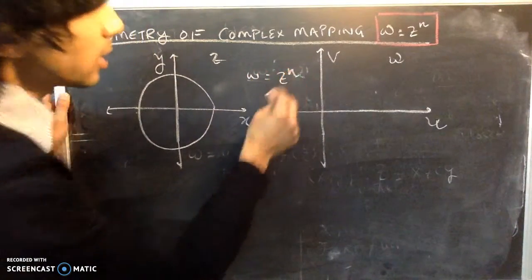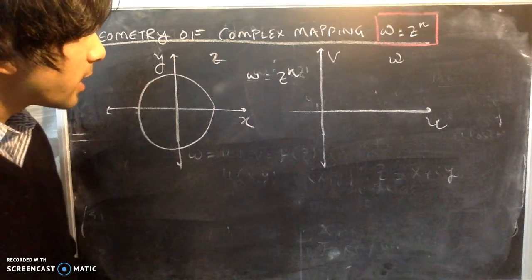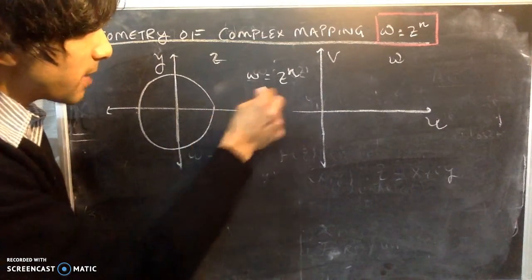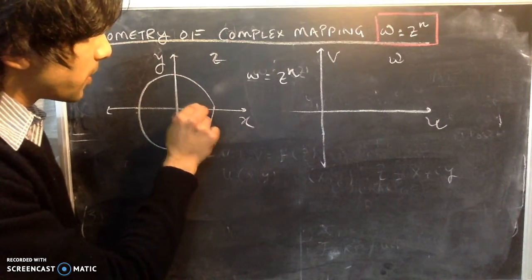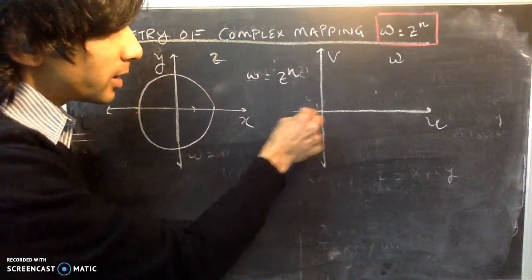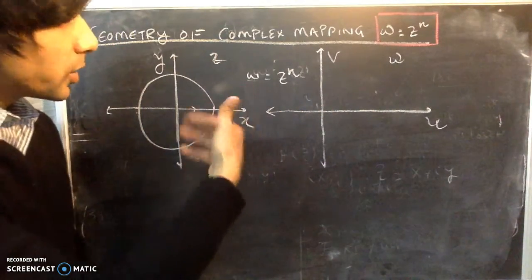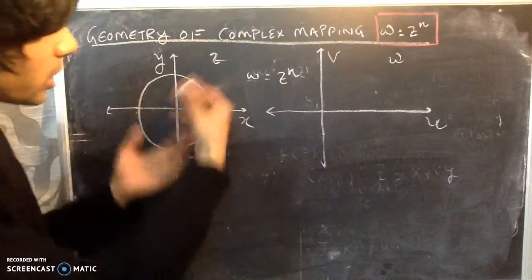So our function is a polynomial function of the form z to the power of n. And we'll see the effect of this mapping on radii and arcs of the unit circle and see how they map in the w-plane.